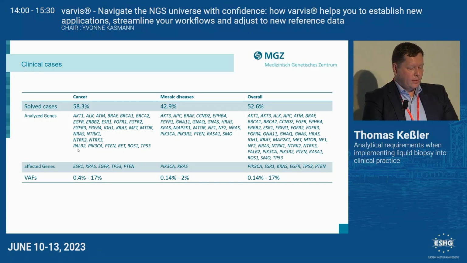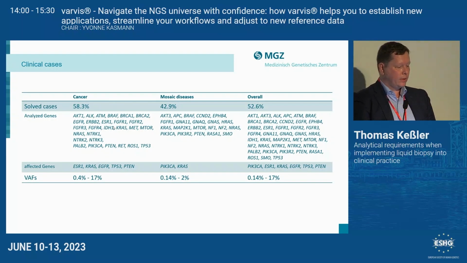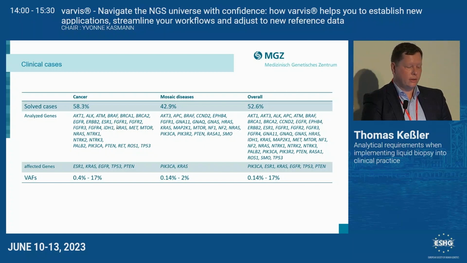Here we, for example, have cancer cases where we did ctDNA analysis and found a couple of interesting variants, with quite low or even higher frequencies depending on the tumor burden, in a set of well-known cancer genes.